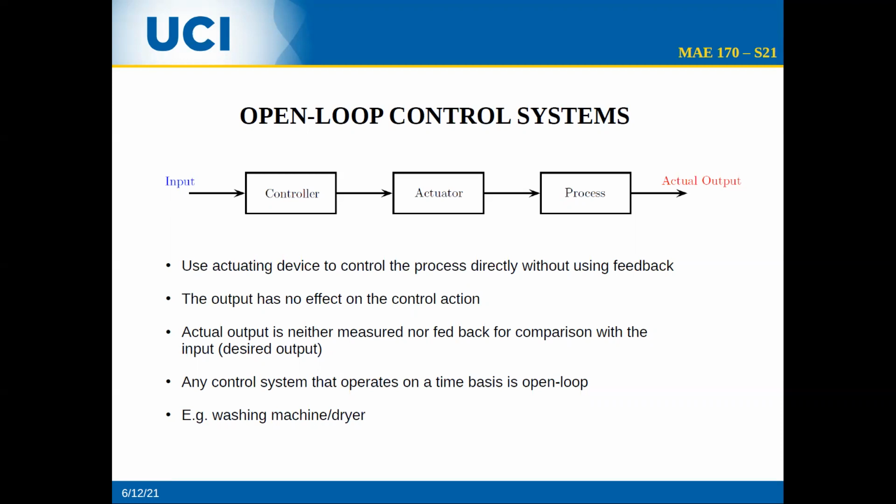Usually, all control systems that operate on a time basis are open loop. Another example, microwave. Let's say that you want your milk warmed up and you put 1 minute, but you're not really measuring the temperature of the milk while it's heating up. So you hope that at the end of the minute, your milk is warmed up.